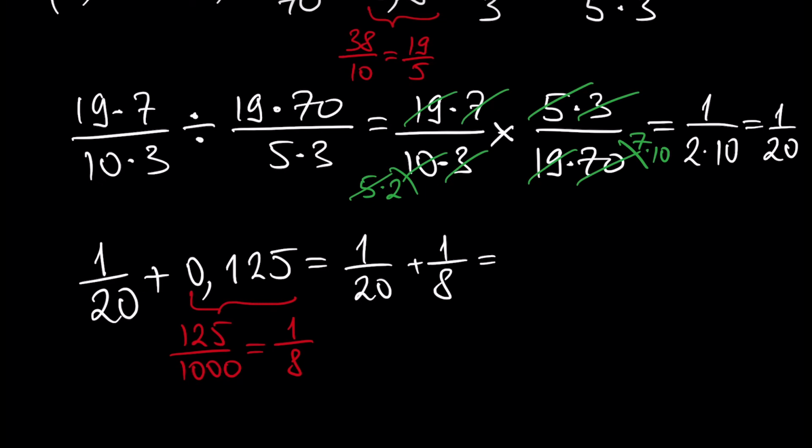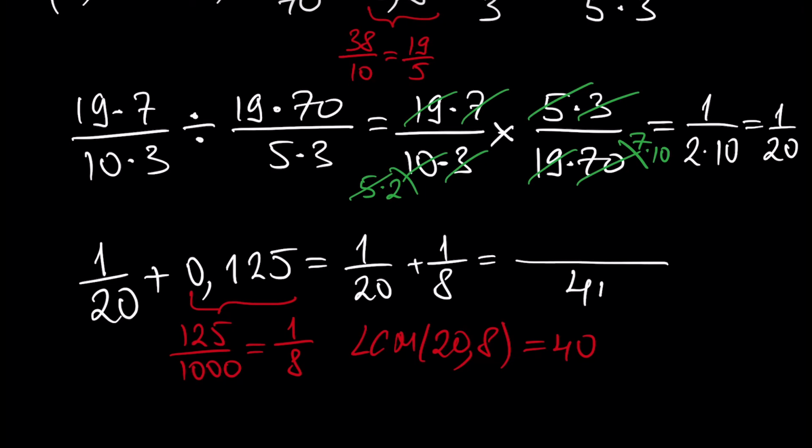And obviously, the least common multiple of numbers 20 and 8 is 40. Watch our tutorials on how to find least common multiples. Since 40 divided by 20 is 2, and 40 divided by 8 is 5, we have 2 times 1 plus 5 times 1, and 7 over 40.